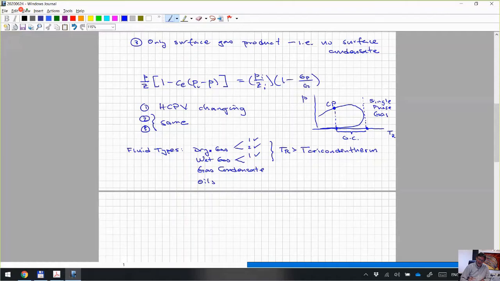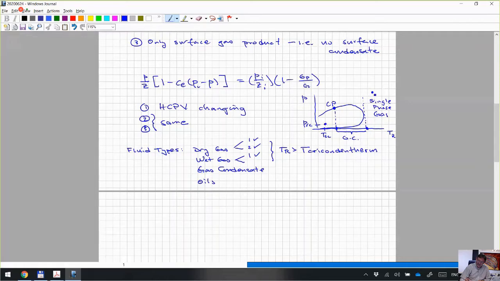So the wet gas and the dry gas both are at a temperature greater than the cricondentherm, but for the wet gas, let's say that this is the initial pressure and temperature. If the phase diagram looks like this for that wet gas, the point is that the standard condition, let's say it's here, is inside the two-phase region.